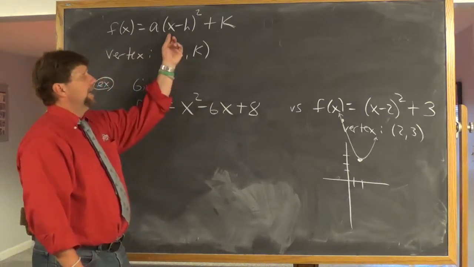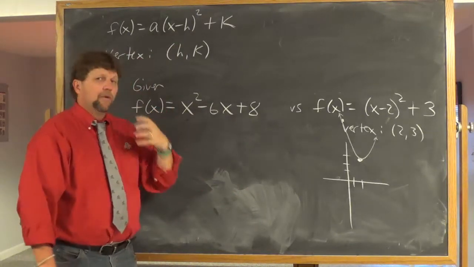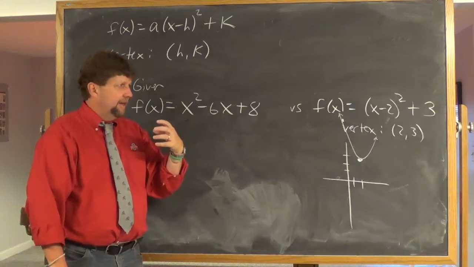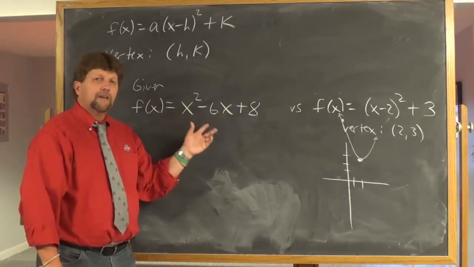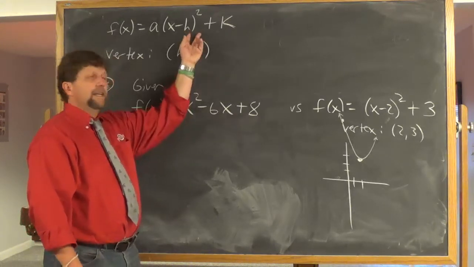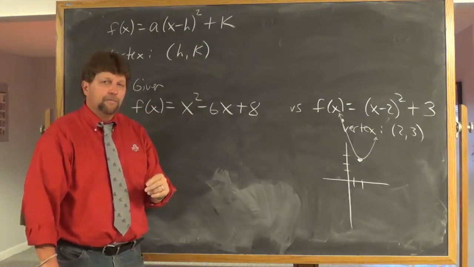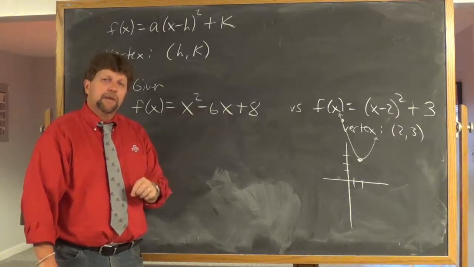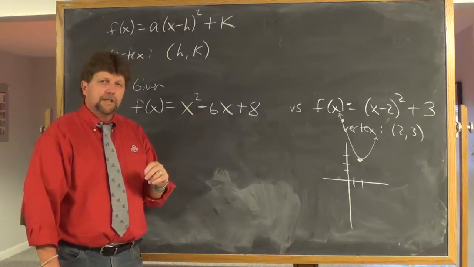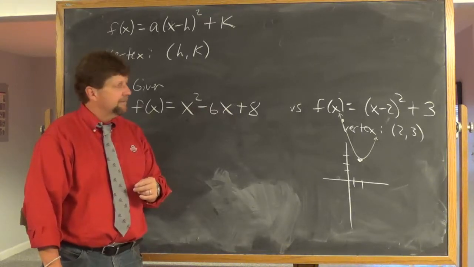And then there's the standard form. I would not take this and do all that unnecessary work to put it into the standard form. So that's what you're going to see at the beginning of graphing parabolas.